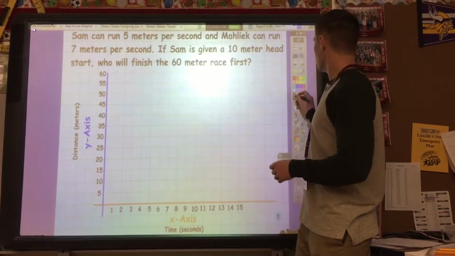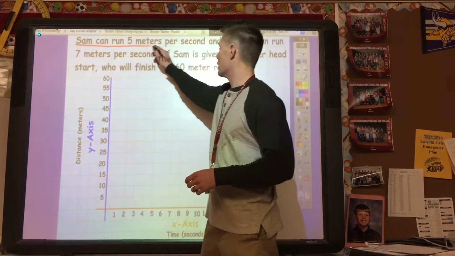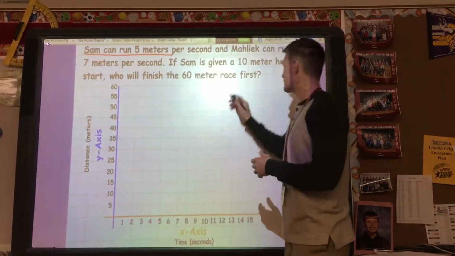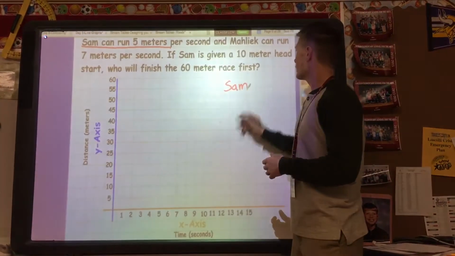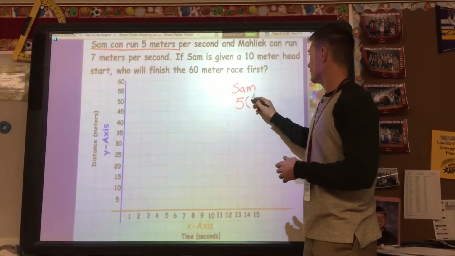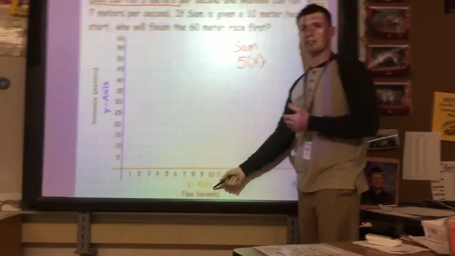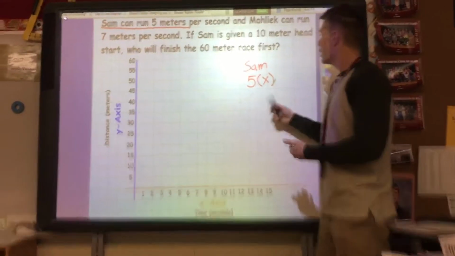But before we can do anything, we have 2 different equations. I know that Sam can run 5 meters per second. Now, seconds are our x, because that's our x-axis.